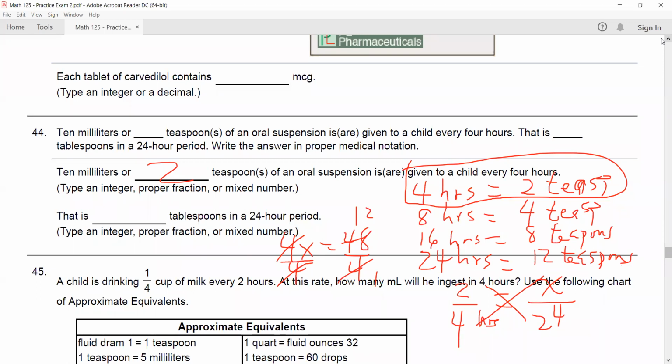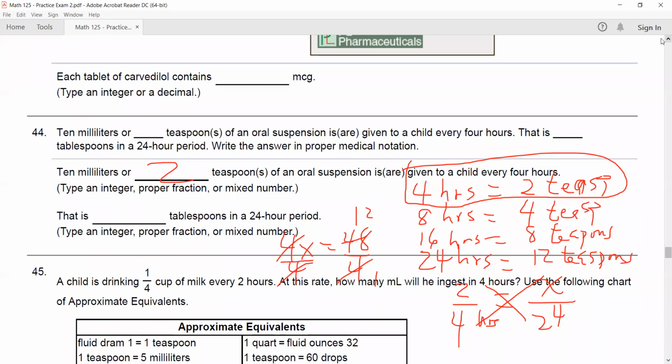Our answer is going to be in tablespoons. Now, again, from our approximate equivalent, and many of you maybe might know this, 1 tablespoon equals 3 teaspoons. 1 tablespoon equals 3 teaspoons.